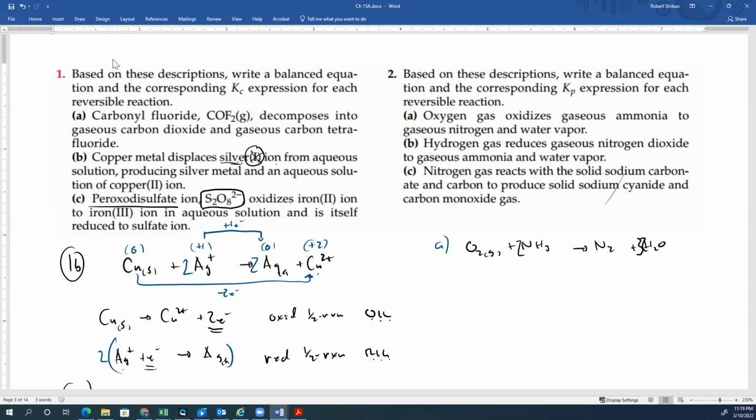Then if we have 3 of those, we need 3 oxygens, so we'll take 3 halves and then just double everything. So we get 3 O2 plus 4 NH3 yields 2 N2 plus 6 H2O. Let's see if it's balanced here. So 6 oxygens, 4 nitrogens, 8 hydrogens. Oops, it's not balanced. Oh, this is 12, sorry.